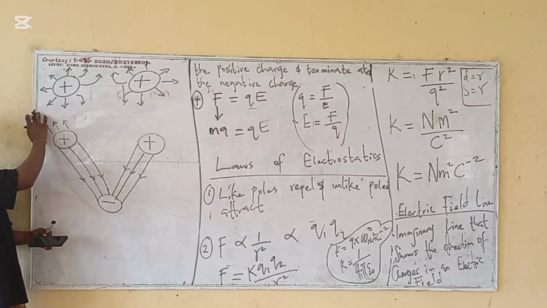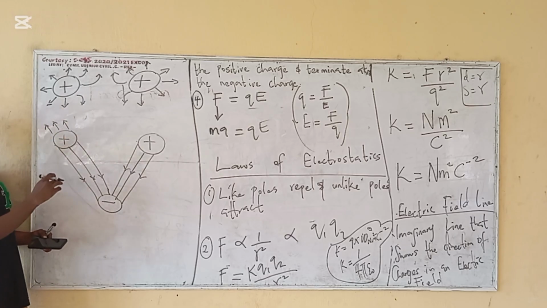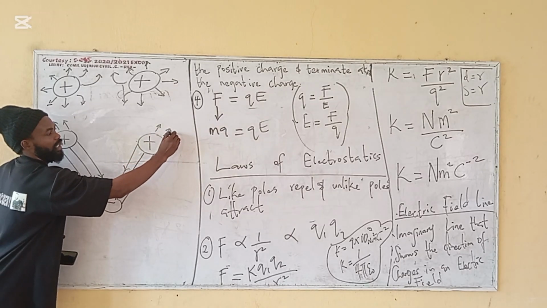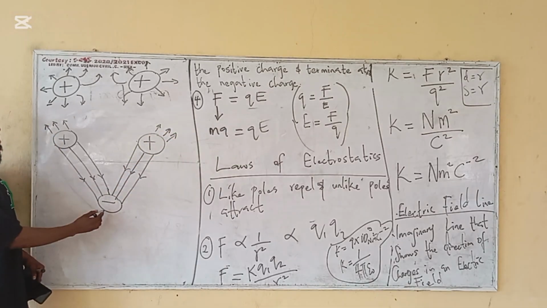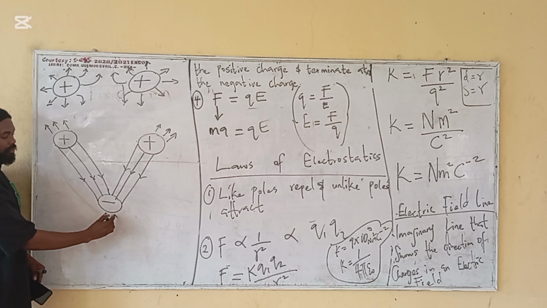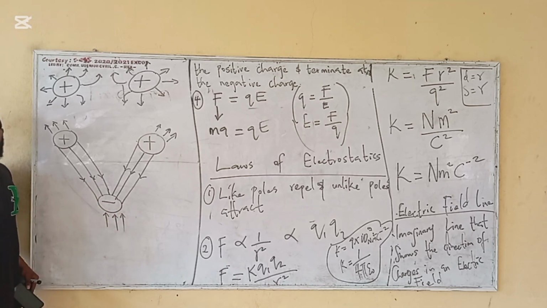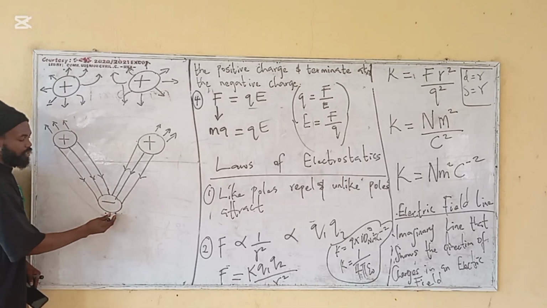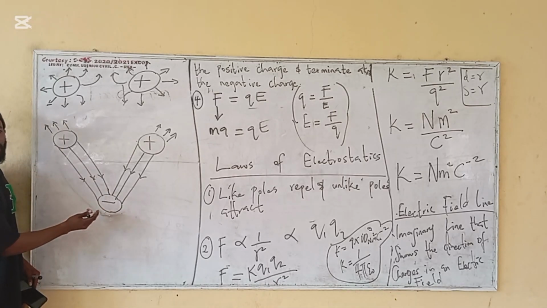So that if you put any negative here, it will still go to it. You always need to make sure that on each angle, this is negative. Don't go and be drawing all those things that you normally see in some books. As students that have done Gauss's law, you've seen the direction of charge.